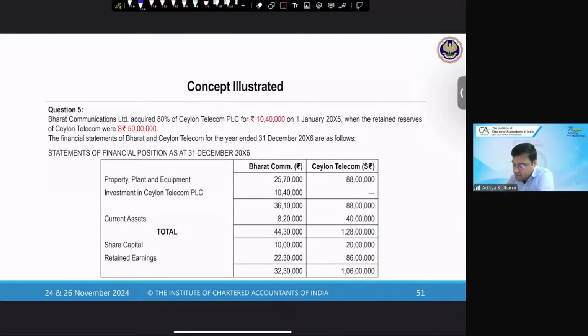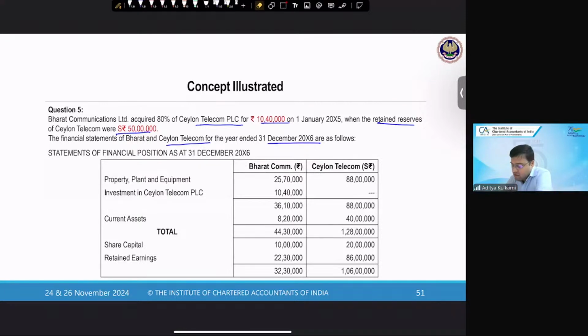Bharat Communications acquired 80% of Ceylon Telecom PLC for rupees 10,40,000 when the retained reserves of Ceylon Telecom were rupees 50 lakhs. The financial statements of Bharat and Ceylon Telecom for the year ended December 2006 are as follows.